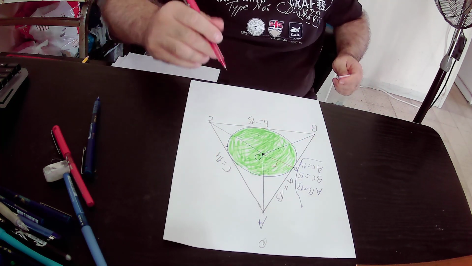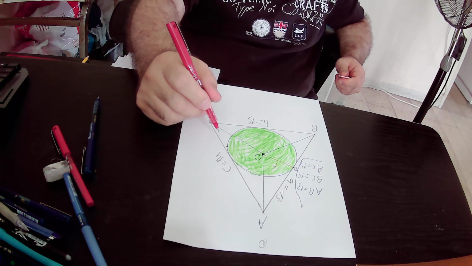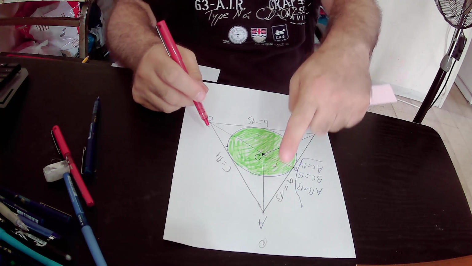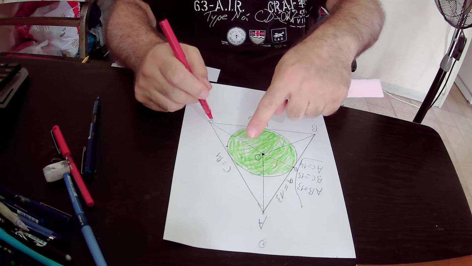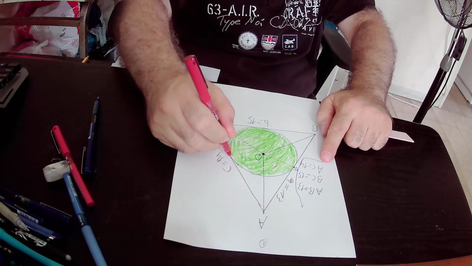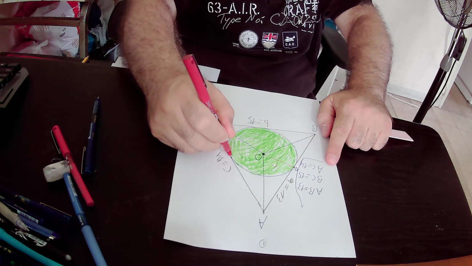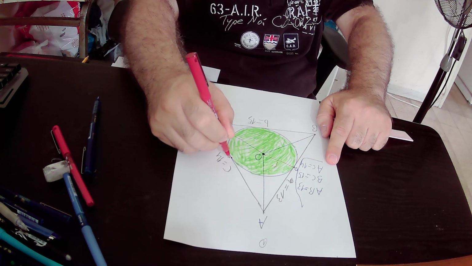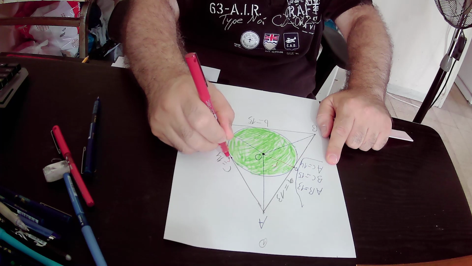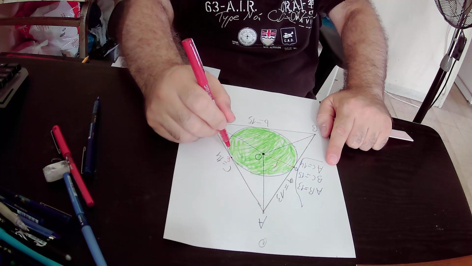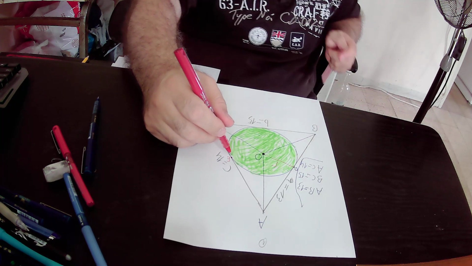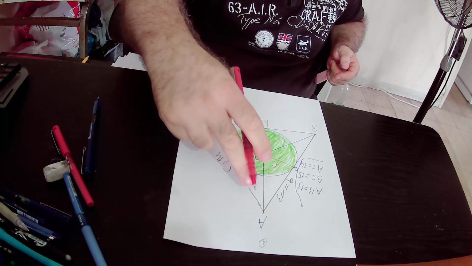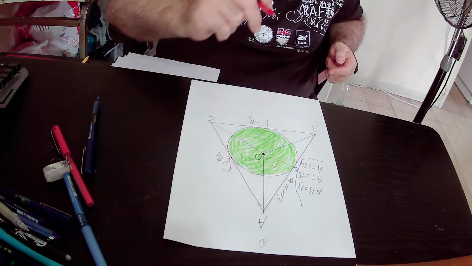Then we actually, side AC is tangent to the circle at this point. Let's define this point as point E. And then, so point E is the launch point between the tangent AC to the circle.